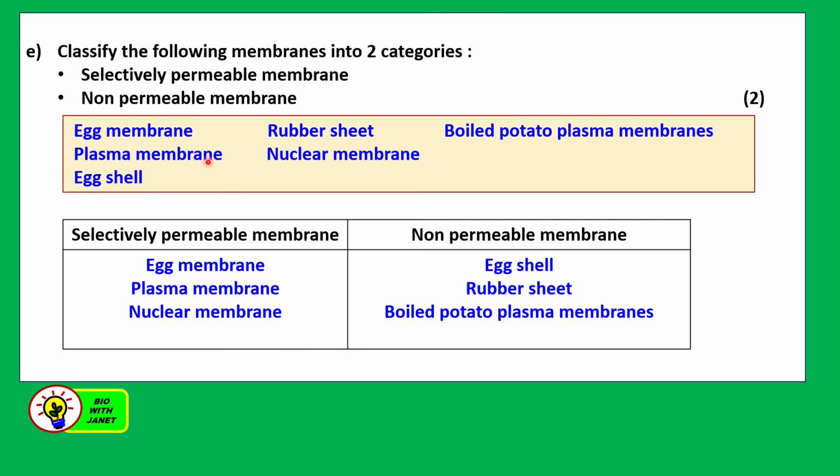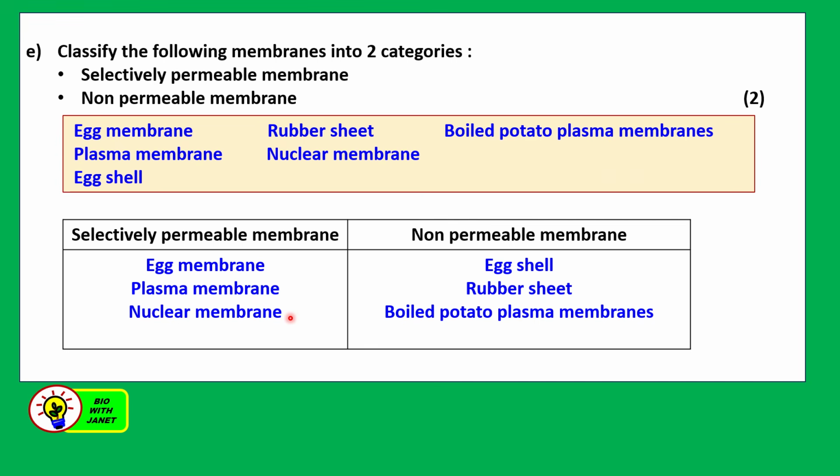Plasma membrane of the cell is definitely selectively permeable. Okay. And nuclear membrane is also selectively permeable. That means they allow certain substances of smaller size, which contain molecules of smaller size, to diffuse through them. And those substances that contain molecules of bigger size cannot diffuse through the membrane.